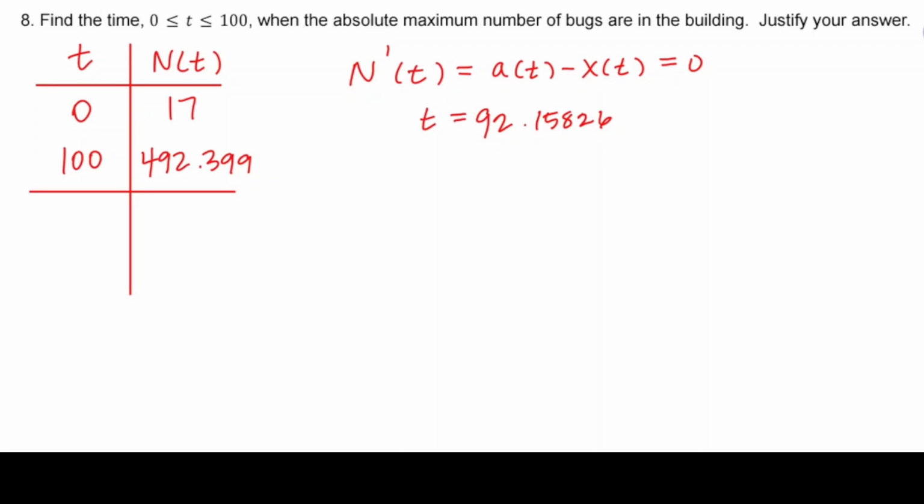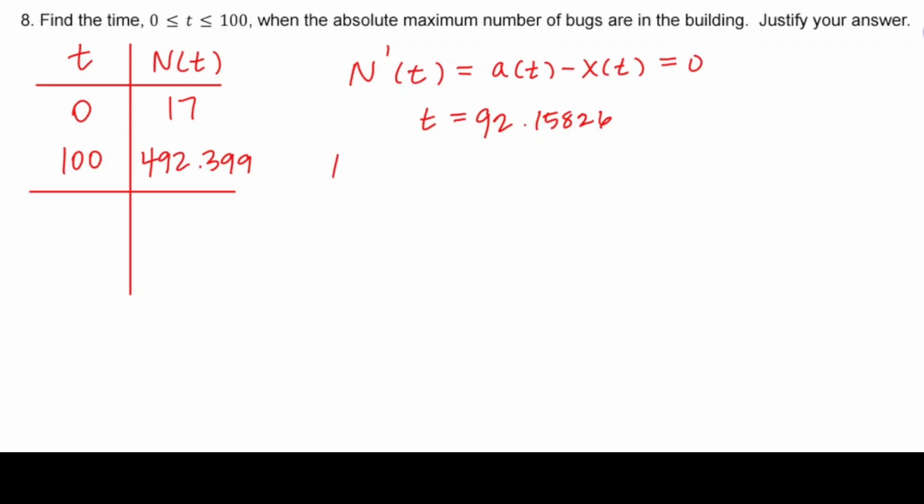Now with this one, I think because we're going to be pretty far off of 17 and 492, and that was the only place where n prime equaled 0, I don't think it's going to really matter that we carry all the decimals, but it asked for the times, so our answer is going to probably be this 92 value, so we can round there.